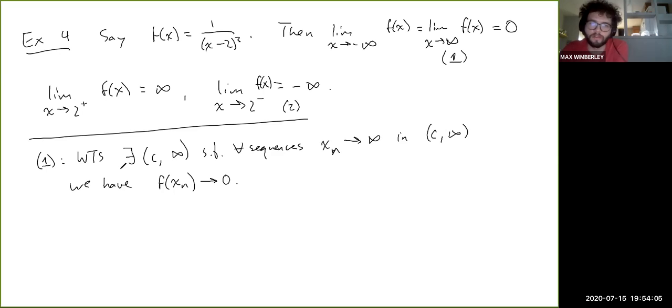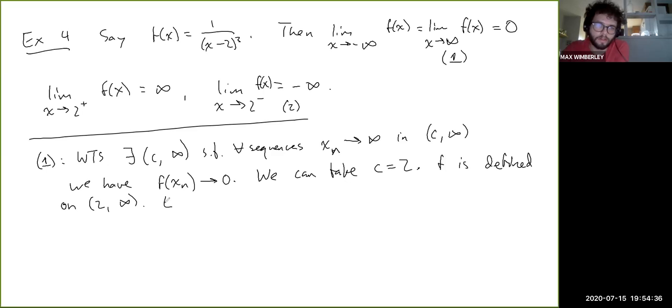But if c is equal to 2 or anything bigger than 2, we can take c equals 2, for example, because then if xn is in this open interval, all the xn's are bigger than 2, so f is defined on the entire open interval from 2 to infinity.